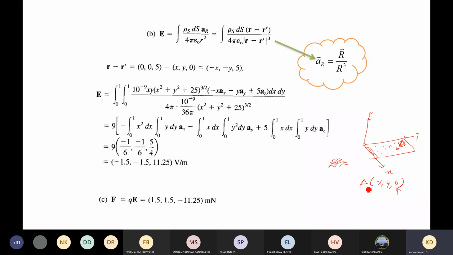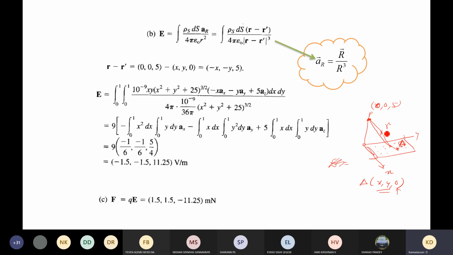So this is the point P, and this is the line joining vector, and this vector we are going to call the r vector. This r vector can be calculated from this particular point and this particular point. We know that we can call this (0, 0, 5), and this is actually (x, y, 0).